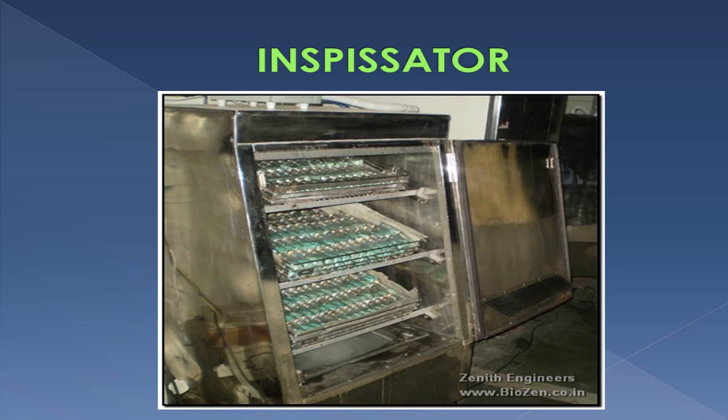Inspissator takes 50 minutes at 85 degrees Celsius, standard temperature 85 degrees Celsius, operating temperature range ambient plus 55 to 90 degrees Celsius. Capacity for up to 156 test tubes or 162 universal containers.